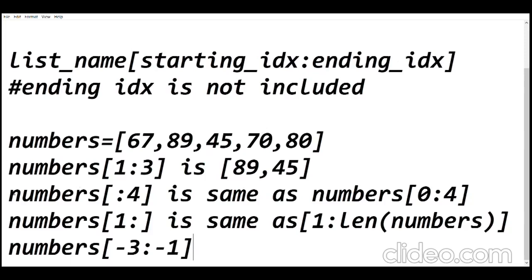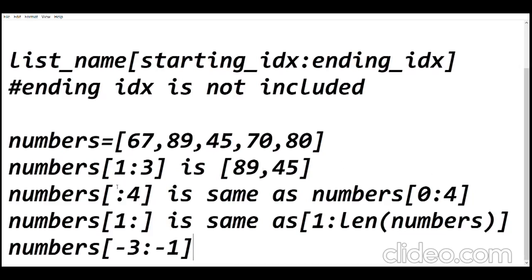And if I want to slice numbers, and in the square brackets I want to skip the starting index, then we simply write inside the square brackets a colon and then the ending index. So it is the same as 0 to 4, 0th index to 4th index.